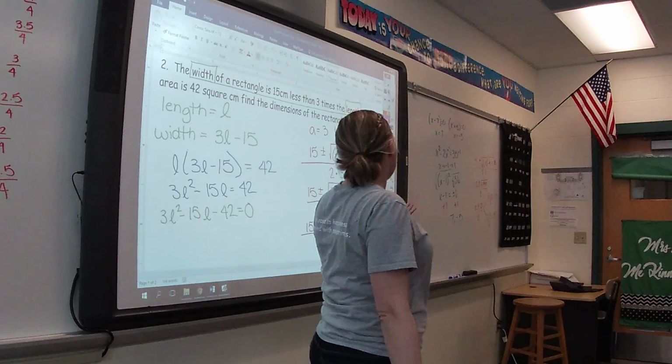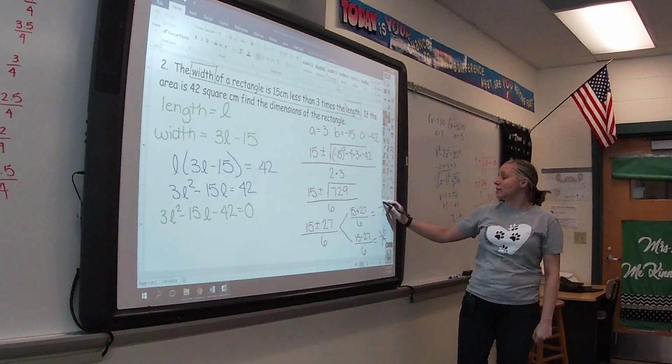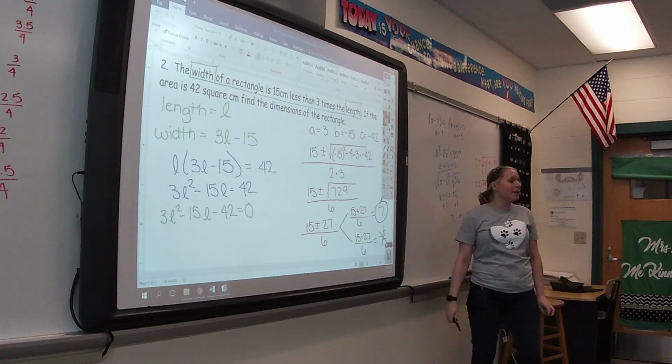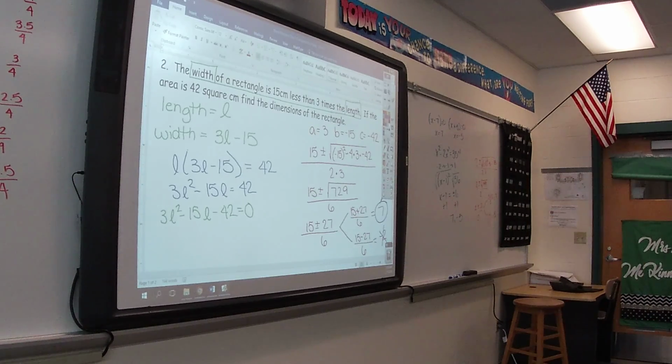Right, so we can't pick the negative here because we're talking about distance, and distance can't be negative. So we want 7. What does that 7 represent? Length. So how are we going to find our width? Okay, so our length is now 7.